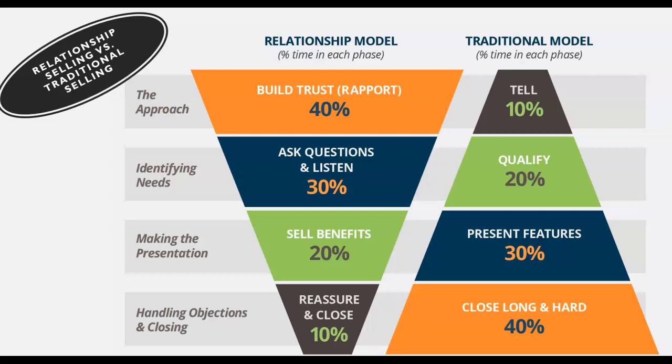I'm just telling them what I think they need to know. So then I get to closing. It's going to be hard. It's going to be difficult, and I probably am not going to close. Why? Because I've never listened to them. I've never figured out what they need. They don't trust me. So that's why we're focusing on the relationship model.